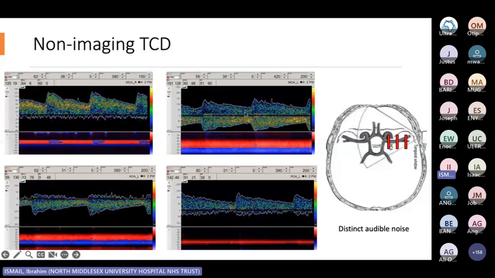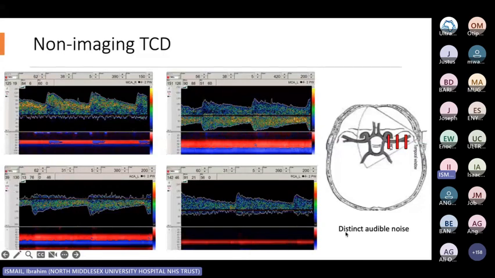So you're getting a signal from 2 vessels here, away from the probe and towards the probe. And then again, you interrogate the anterior cerebral artery, and then you have here the posterior cerebral artery as well.